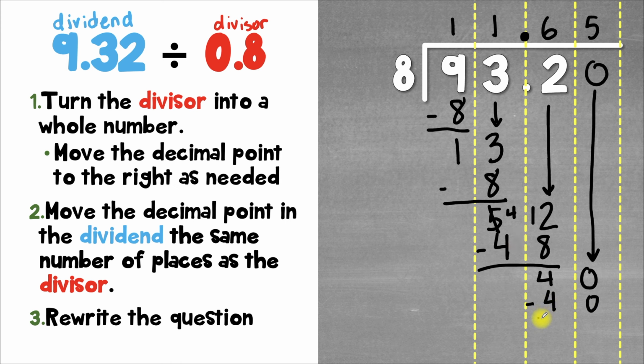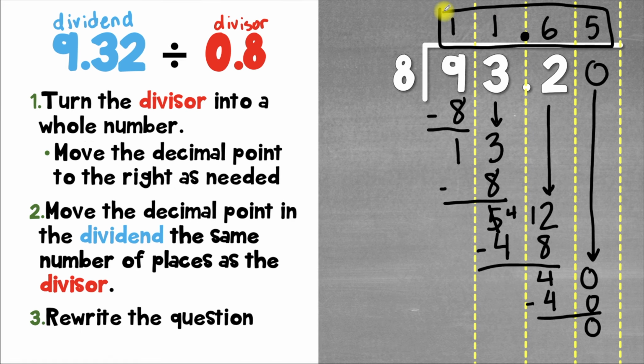I subtract that, and now my final answer is 0. And since my remainder is 0, and I don't have any more numbers in the column to the right, we're done. So our final answer is 11.65, or more properly read as 11 and 65 hundredths.